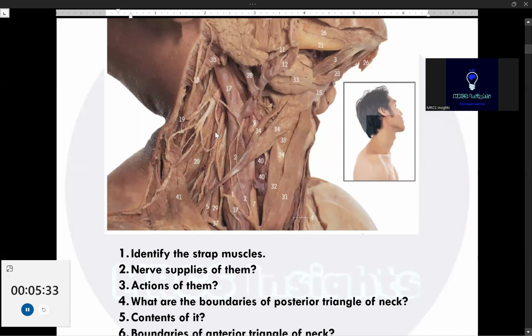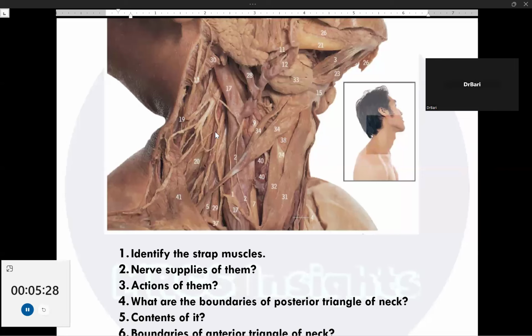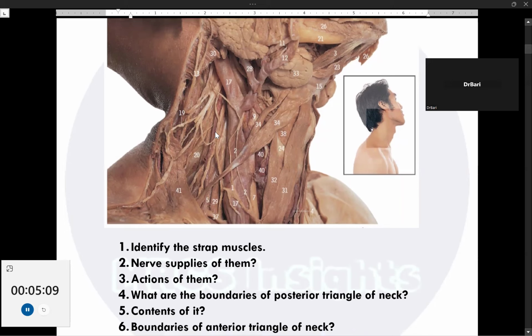Now tell me what are the contents of the posterior triangle of the neck? In the posterior triangle, there is the spinal accessory nerve, as well as the branches of the cervical plexus, the subclavian artery and the root of the brachial plexus.